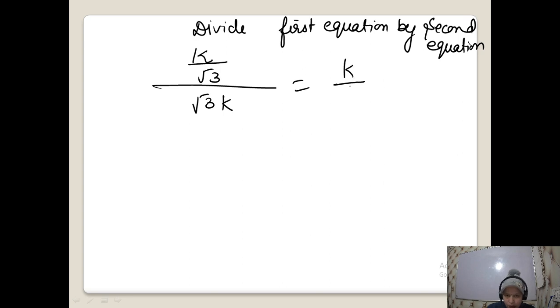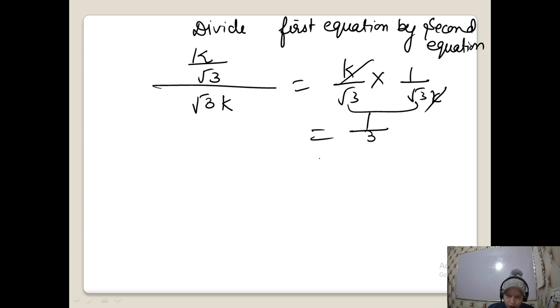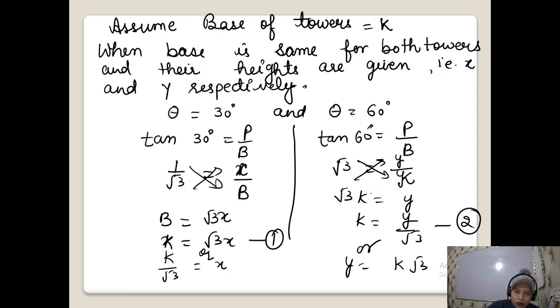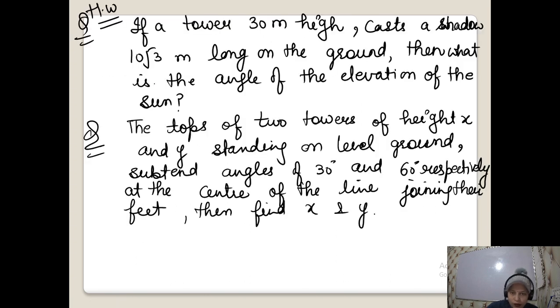When you solve it, k over root 3 multiply 1 by root 3k, k cut with k, and when we multiply root 3 with root 3 we will find 1 by 3. So 1 is to 3, that means x is 1 and y is 3. That is your answer of x is to y, because in the question we have to find x is to y.